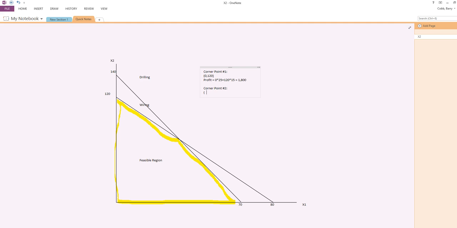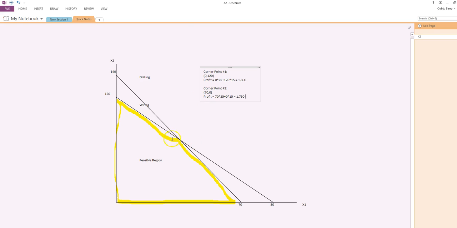The second corner point of the feasible region is where x1 is 70 and x2 equals 0. The profit at this corner point is 70 times 25 plus 0 times 15, or 1750.